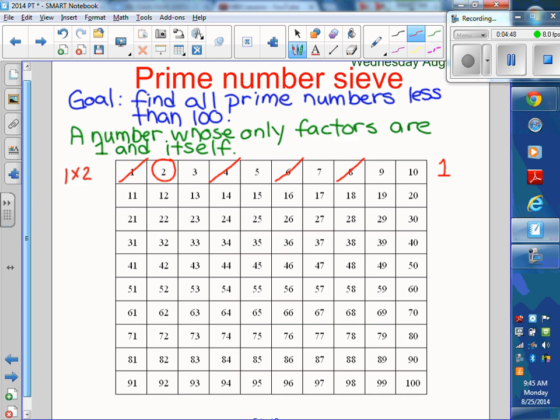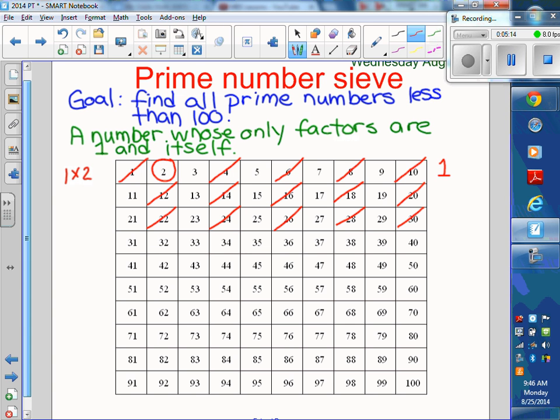So I want you to look for a pattern here. 12 is even, 14 is even, 16 is even, 18 is even, 20 is even, 22, 24, 26, 28, 30.